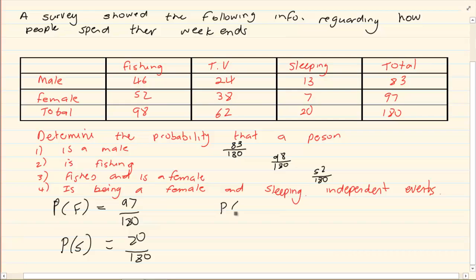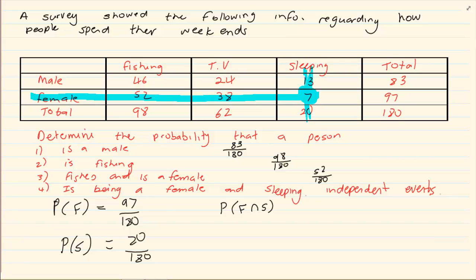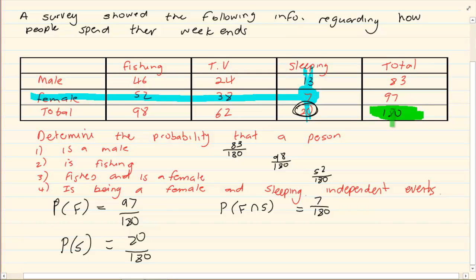Now what is the probability of being a female and sleeping? Being a female and sleeping, we are crossing over at 7. So the probability of being a female and sleeping is 7 over 180. Now be careful. Very often we get 7 over 20. They use the wrong total. The total, remember, is 180.